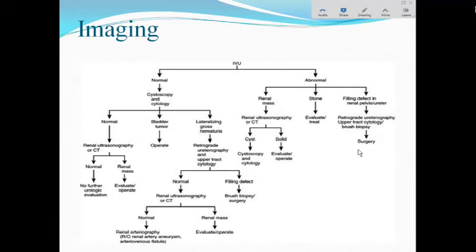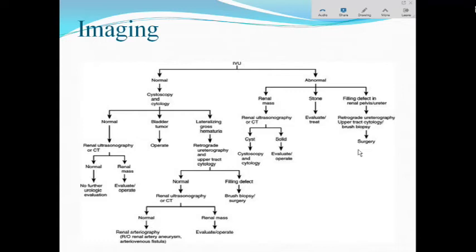If cystoscopy and cytology show the bladder is normal, but there is hematuria from the ureteric orifices, then you have to lateralize the hematuria, whether it is coming from the right orifice or left orifice. Then, whichever orifice the blood is coming from, you pass a ureteric catheter, do a retrograde urography, take a sample for upper tract cytology, a barbotage sample, and then observe.